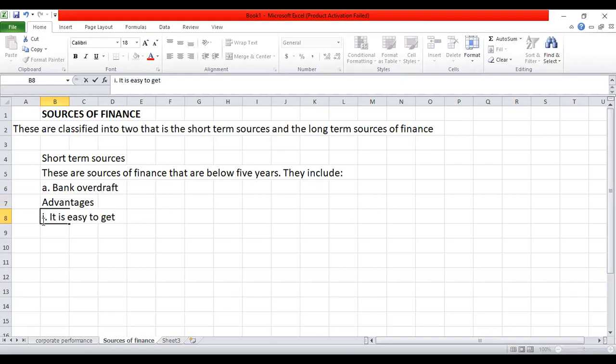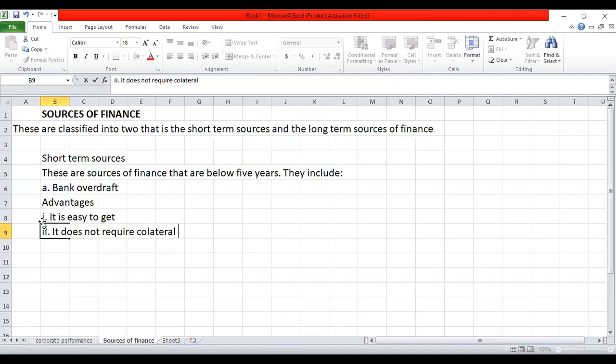Bank overdraft is very easy to get as compared to a loan. Another advantage, it does not require security. It does not require collateral.